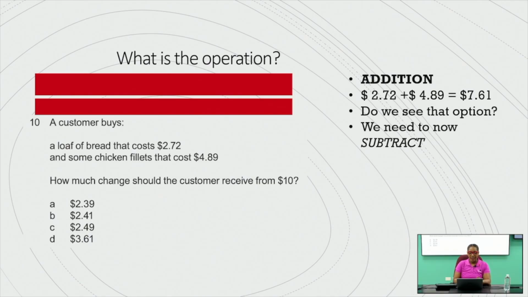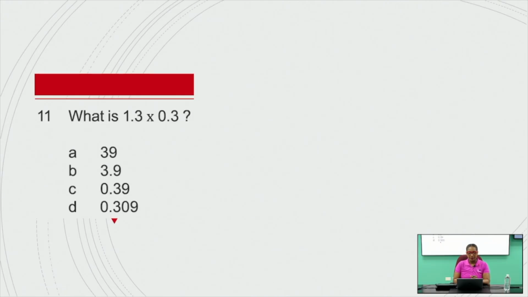So we're going to subtract the total that the goods cost from the money that the person is giving the cashier. And that would be $10 subtract $7.61, giving us a change of $2.39. And that is option A. All right. Hope we're all following. We're moving on to question 11.